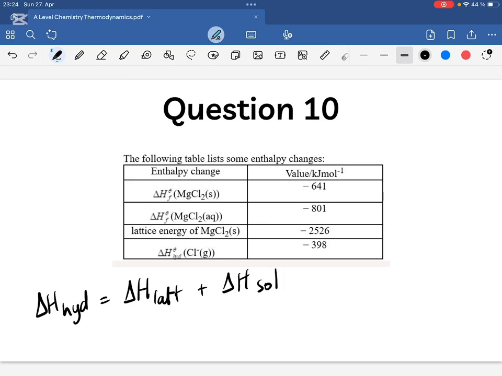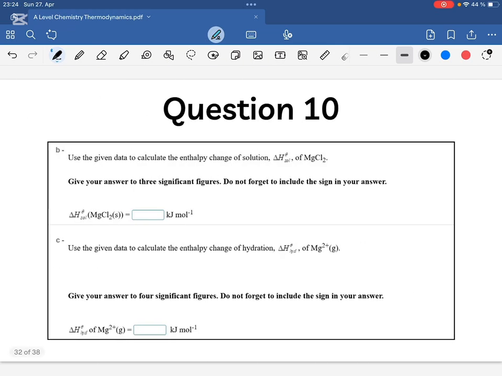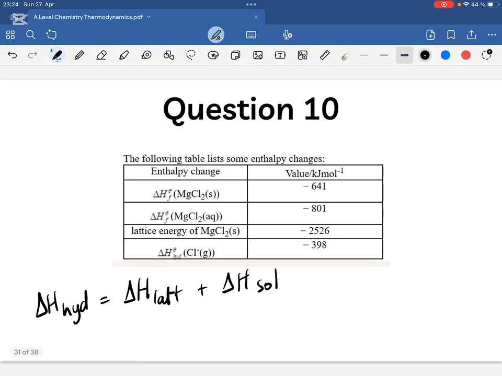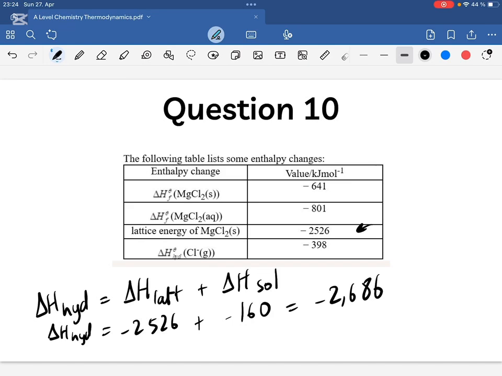The solution we got before in this part, and it was minus 160. So I'm going to put minus 160. And for the lattice, it's over here. It is minus 2526. And we need to get the delta H hydration, and so it's going to be equal to minus 2686.